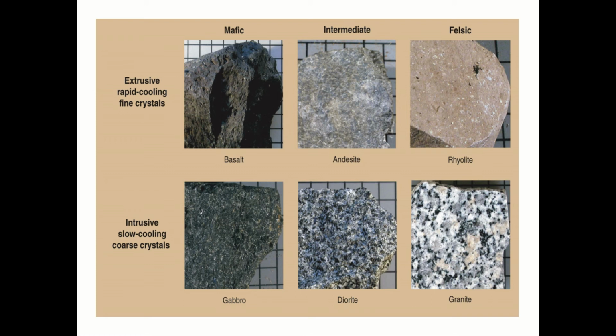We have intermediate, which is medium, its color is also intermediate. And we have mafic, which has a lesser silica content, so it's darker in color. From that, we can now identify the silica content based on the color.